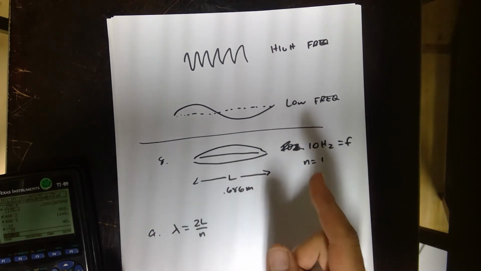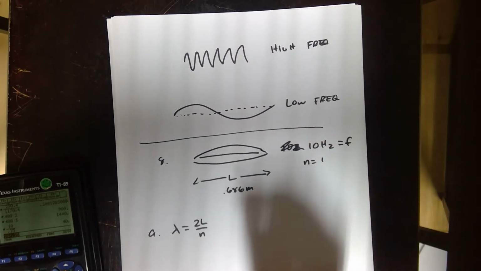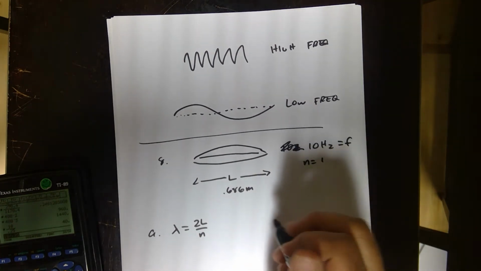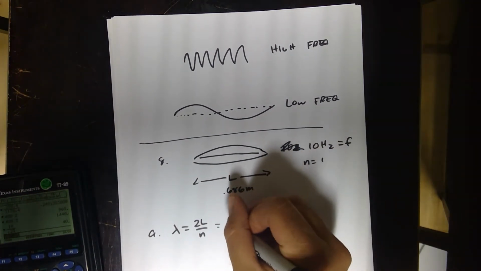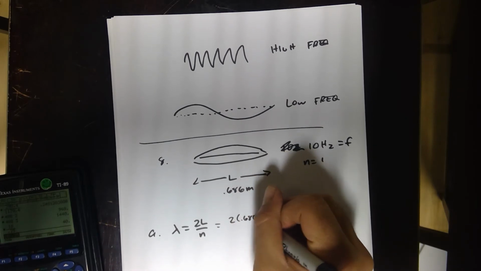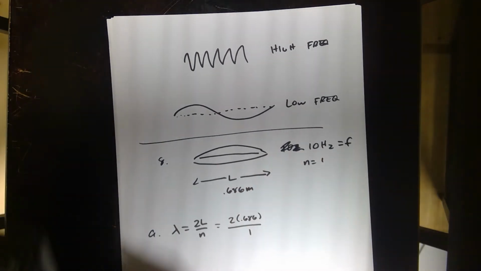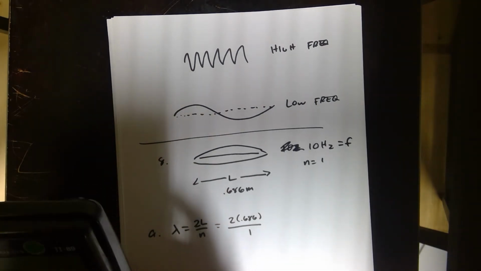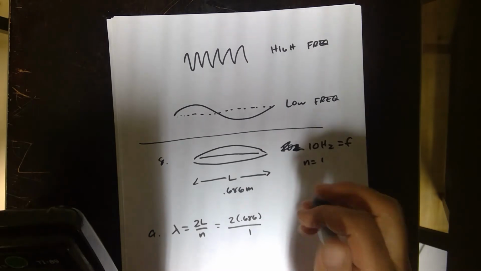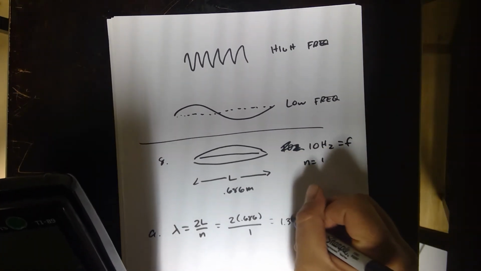And in fact, when you're always dealing with the first harmonic, we see that the wavelength is twice the length of the string. So if you simply plug in the numbers here, you get 2 times 0.686, and then the harmonic number is 1. So 2 times 0.686 divided by 1 would give me 1.372 meters.